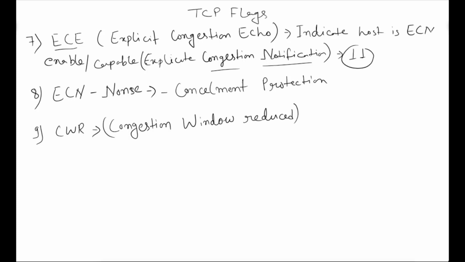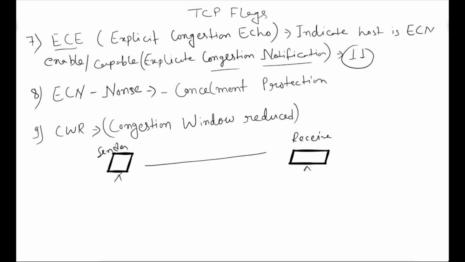This CWR flag is used by the sender to notify the receiver that the sender has received the ECE flag. Let's say here we have the sender and here the receiver.